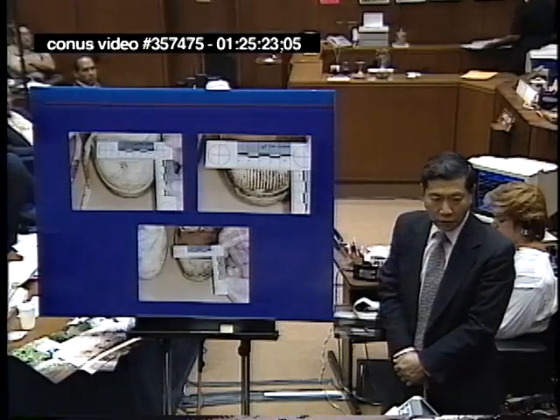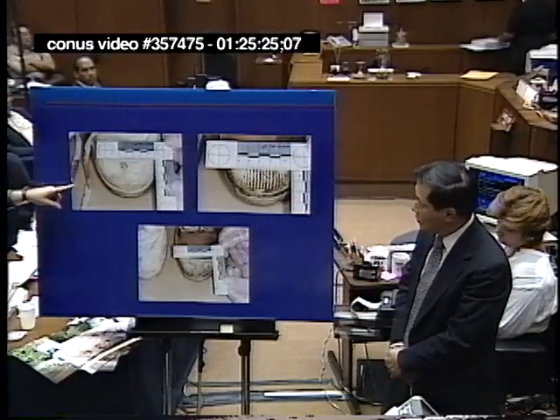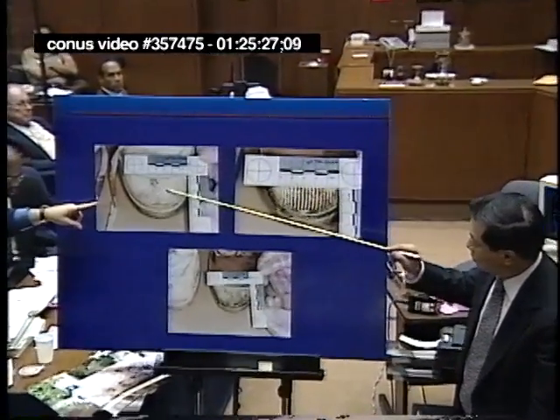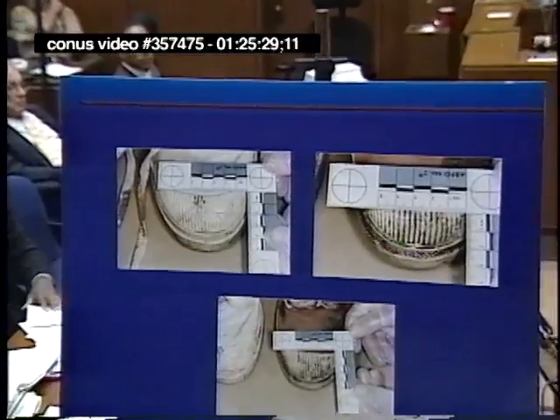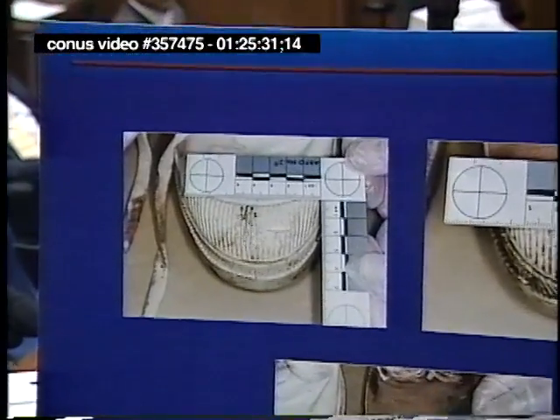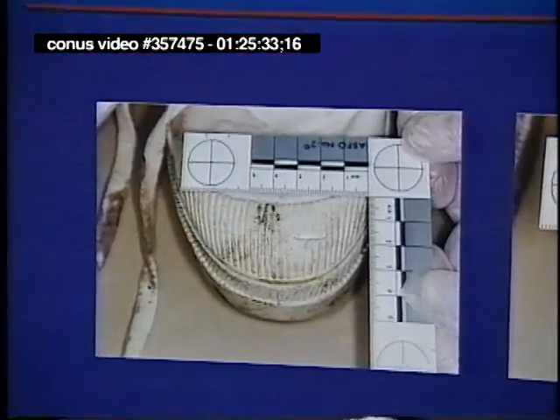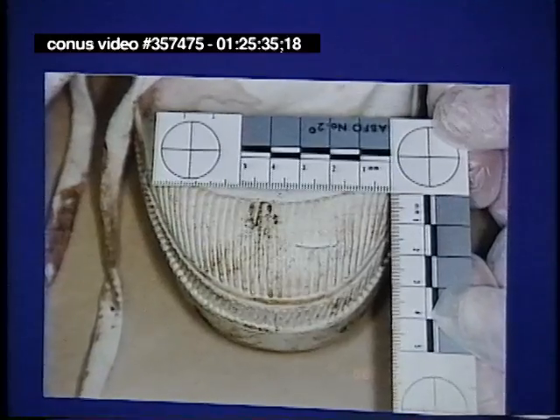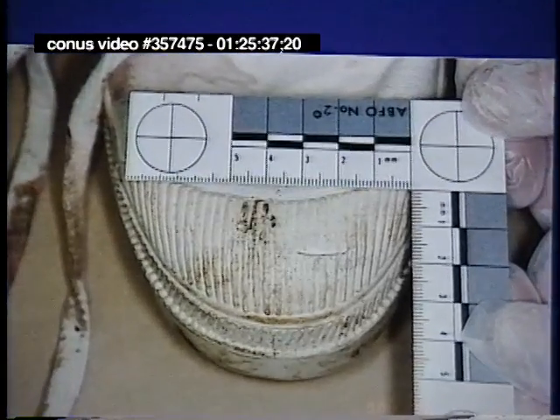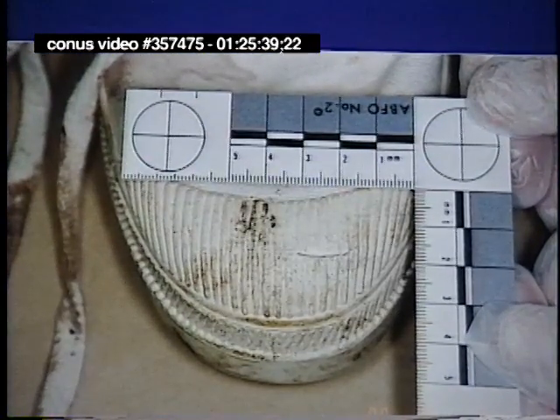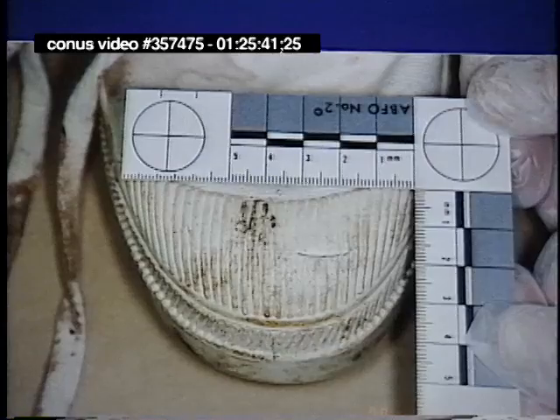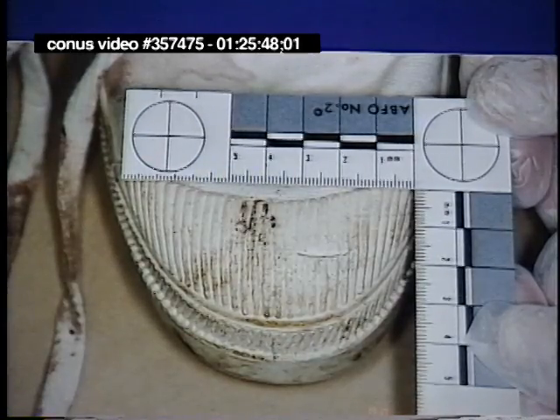Well, first, let me ask you, pointing to the photograph on the upper left-hand side of that cut, was that made with a sharp instrument? Yes. Is that, in your opinion, a fresh cut? Yes. We have gone through this part.